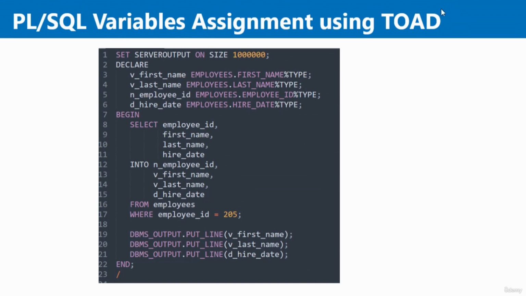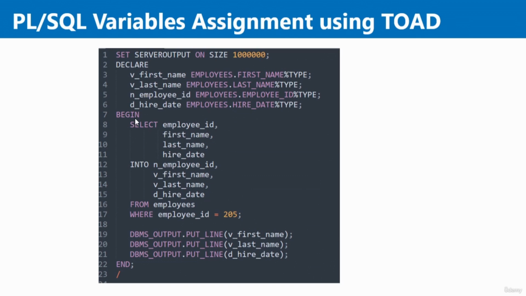To do that, I'm using the percent type to get the data type that is used by the first_name column from the employees table. So the variable on line number 3 is going to get its data type from the first_name column in the employees table. The variables from line 4 to 6 follow the same process.